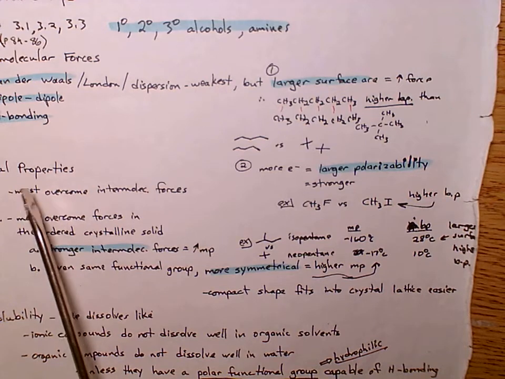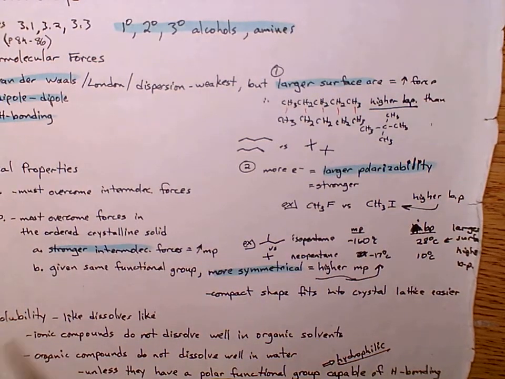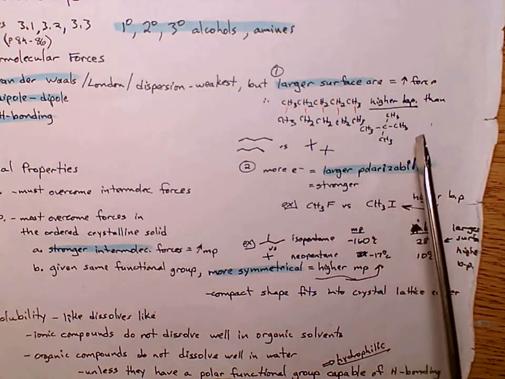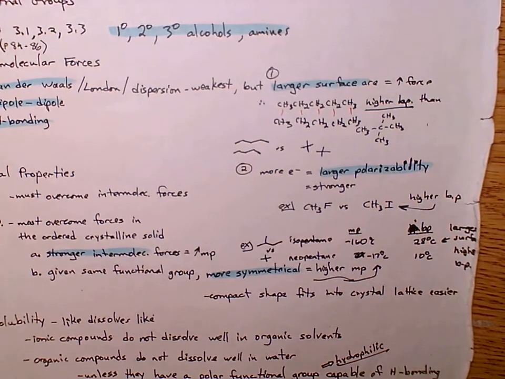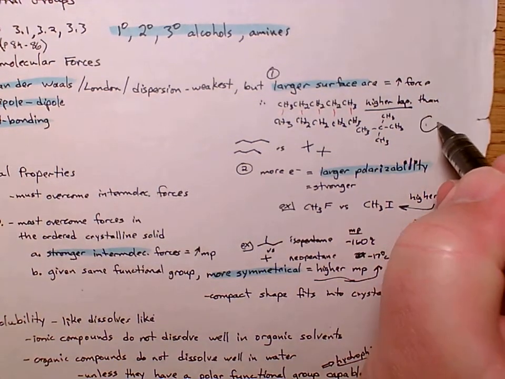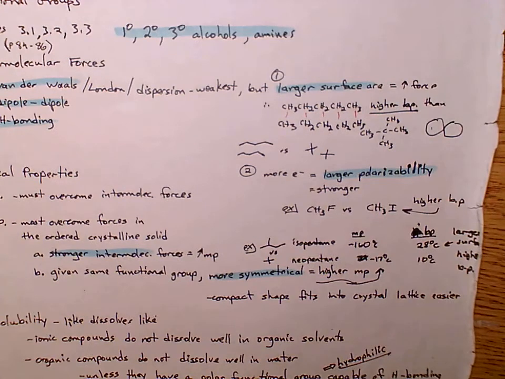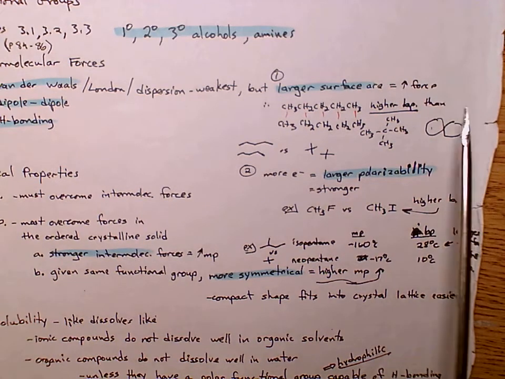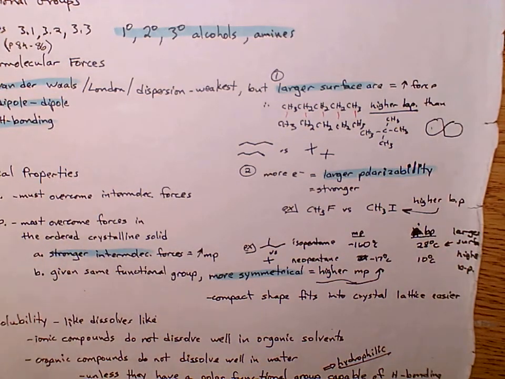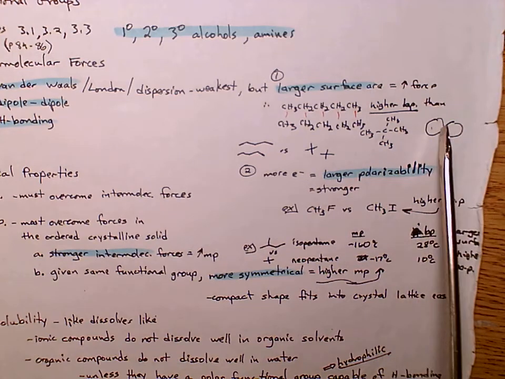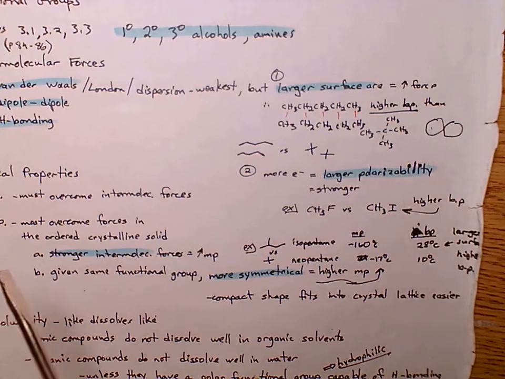And as we get to physical properties, that means higher boiling point. This one is more like a ball, a sphere, and when two spheres come in contact with each other, they only come in contact really at one point right here, and therefore there's less chance for intermolecular forces here, lower boiling point. All right.